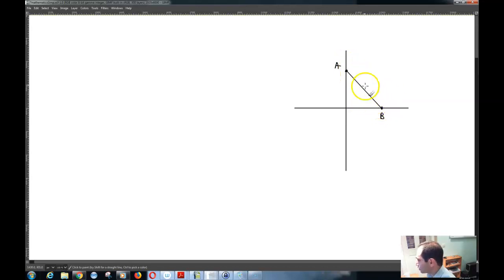If this whole thing is 12, then 1/4 of that is 3, and somewhere over here I take a point P as (x, y), and this length over here is 3 centimeters. The rest of this length is going to be 3 plus 9 is equal to 12, so this is 9 centimeters.